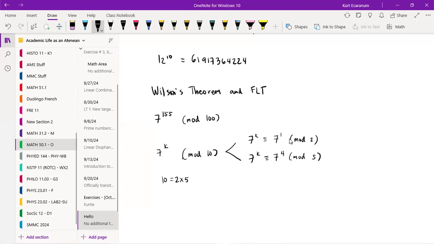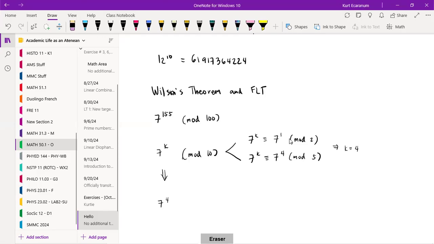So, ano ang magandang value na pwede nating iset for k? Siyempre, yung highest, which is 4. I mean, 7 to the k modulo 10 just means na we can set it 7 to the 4 modulo 10.